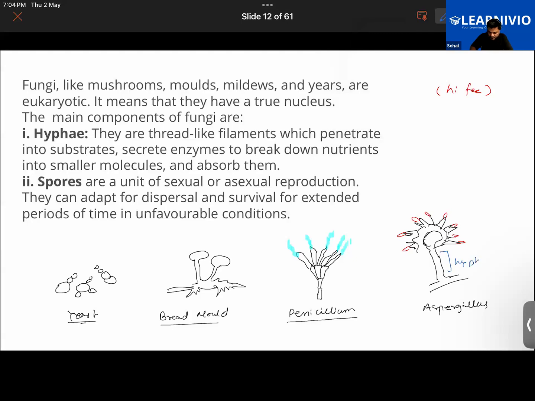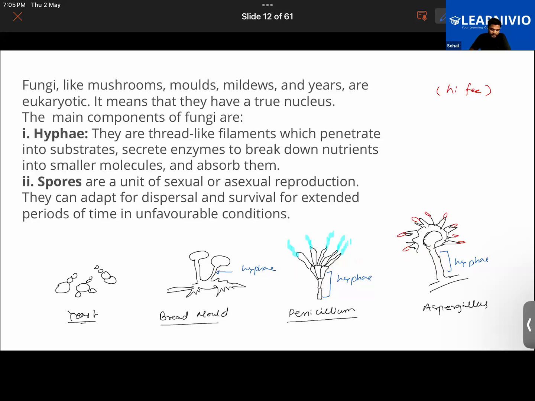Sir, can you explain again? No issues. If you look at all of them except the yeast, you see that they have a thread-like structure. That is called hyphae, and it will be found in all the fungi except for yeast.